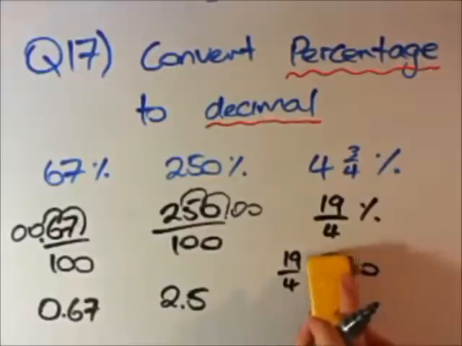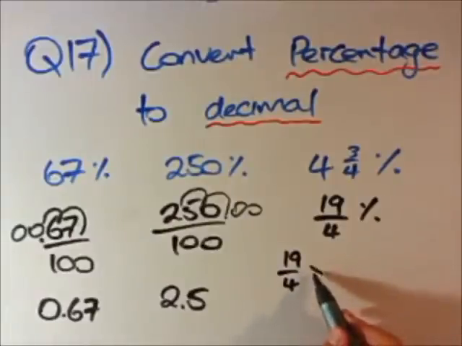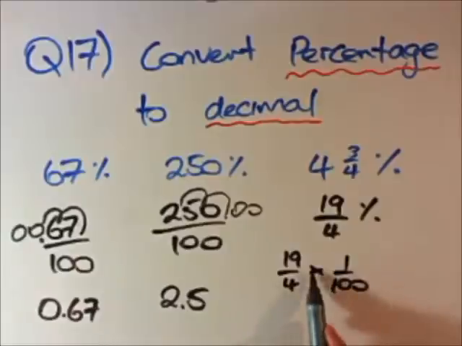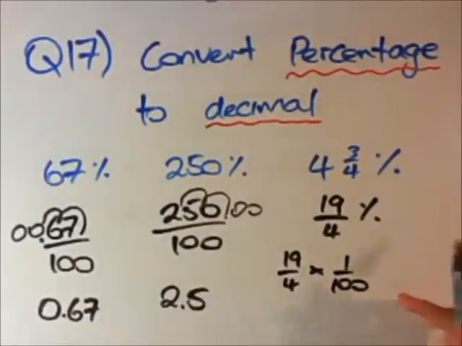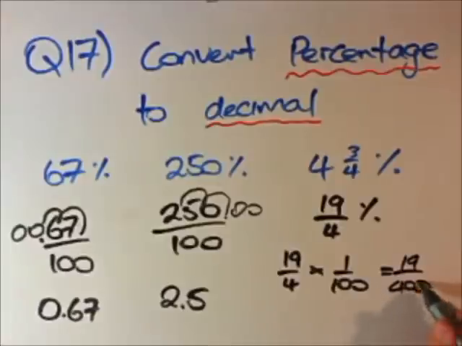Well, if we want to divide it by 100, we can also times it by 1 over 100. So it's that flip thing. And we did a few questions on that earlier, if you want to go back. So now we can times the top and times the bottom, because multiplying fractions is easy. We have 19 over 400.